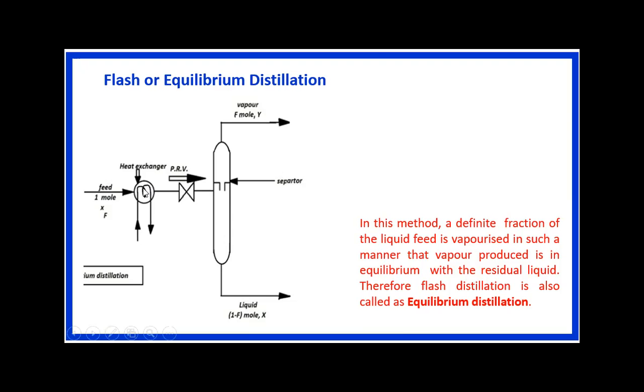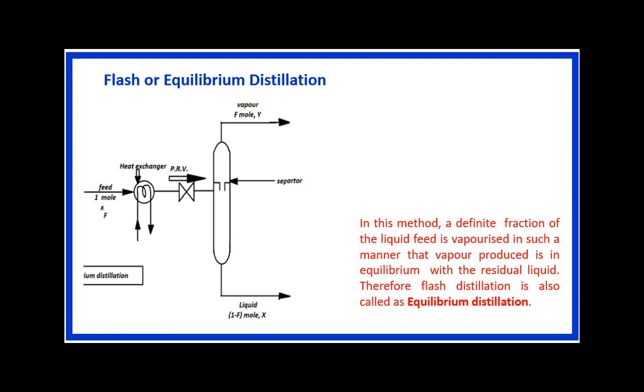If the heated liquid goes through the PRV, where the pressure is going to reduce, then due to the reduction of pressure these liquid components are converted into flashes. So these partially vaporized components are going to separate from the top of the column, and the remaining liquid can be separated from the bottom of the column. So this is a separator. To separate these vapors and these liquids we are using this terminology as a separator.